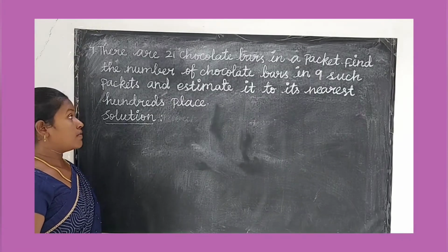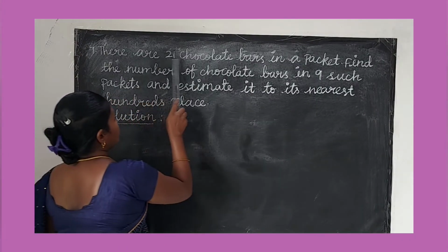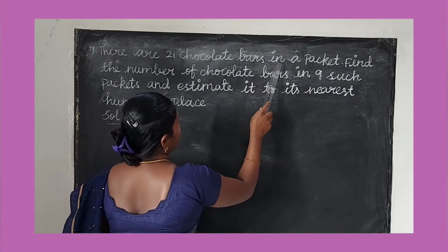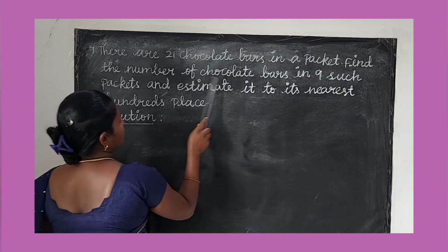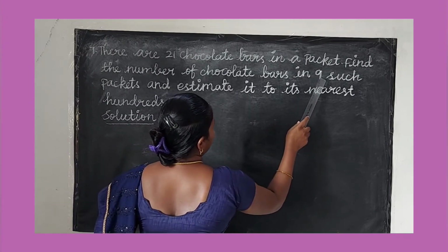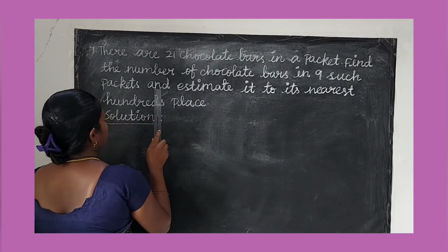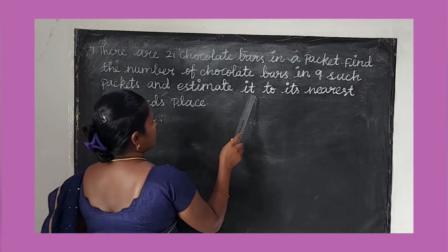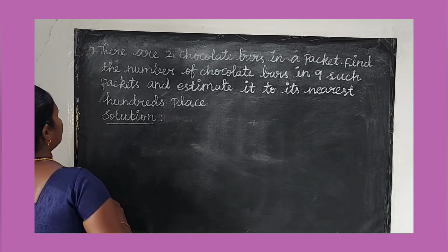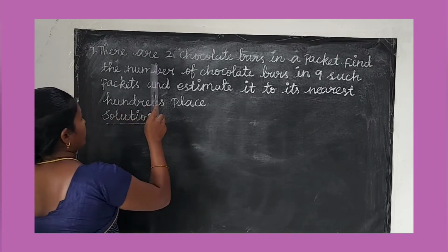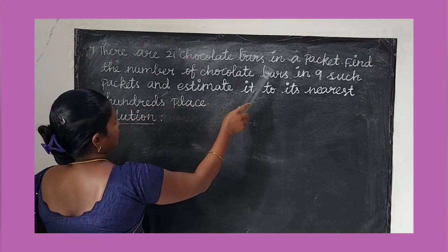Children, see the seventh sum. There are 21 chocolate bars in a packet. Find the number of chocolate bars in 9 such packets and estimate it to its nearest 100 place value. So in this question, the first line says 21 chocolate bars in a packet.